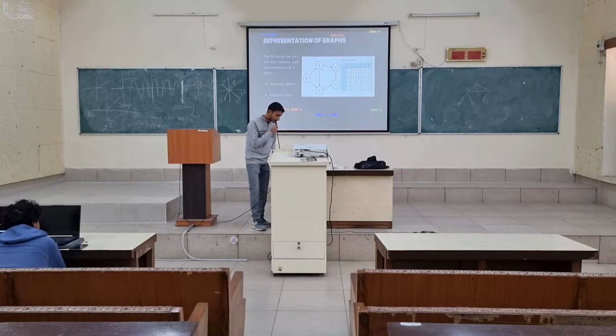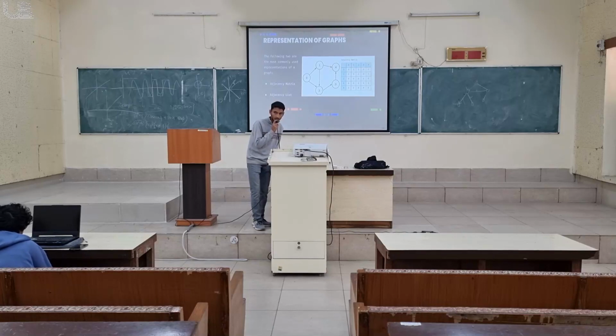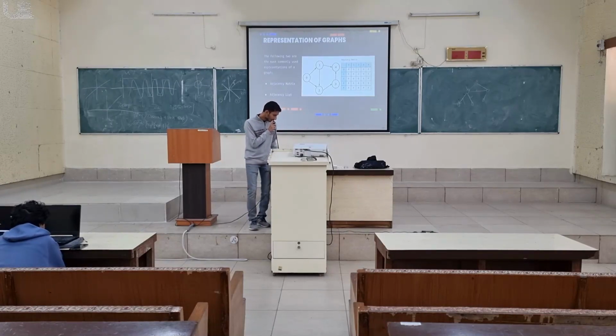So can anyone tell me how we can neglect those zeros? It is tough to think of. Okay, I will tell you. What we can do is store an array for 0 which contains the values 1 and 2.